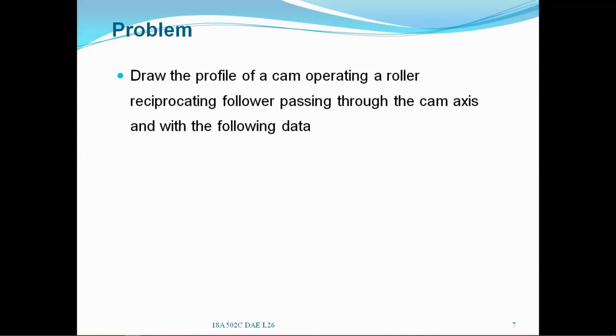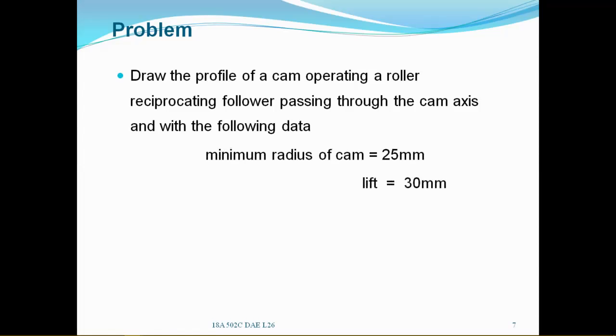That is a roller follower moving with simple harmonic motion. Now the problem is: draw the profile of a cam operating a roller reciprocating follower passing through the cam axis, with the following data. Minimum radius of the cam is 25 mm, in order to draw the base circle.